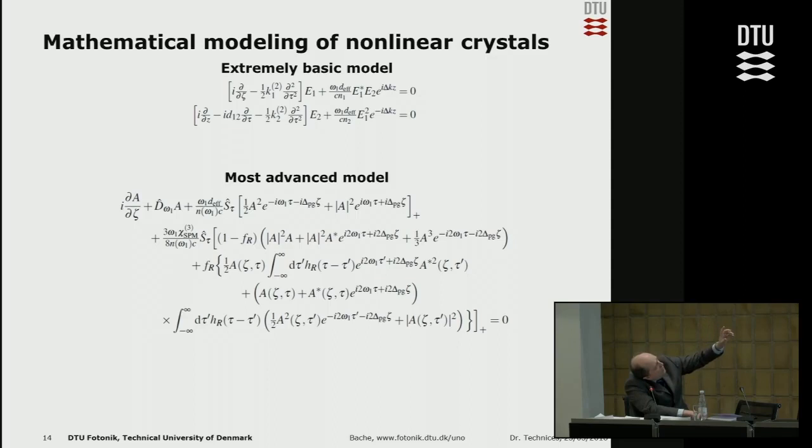Why is there no A cube star there? Because that term lives in the negative frequency domain, and it is there, but it's only acting on negative frequencies. And there is this plus down here and here, and this is my next question. What is this plus?